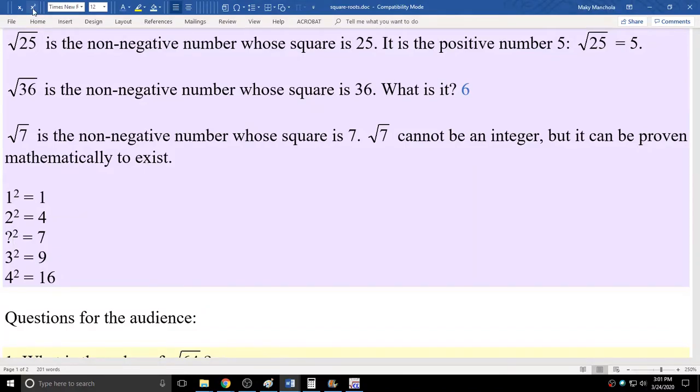You could be tempted to check to see if it's maybe 2.5. But 2.5 squared is 6.25. 6.25 is not 7.